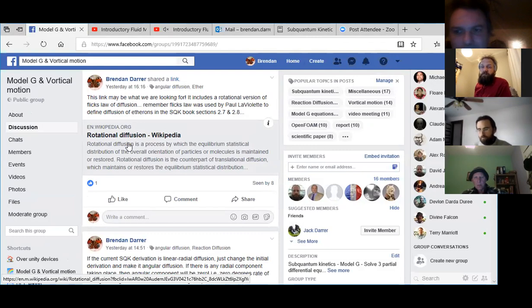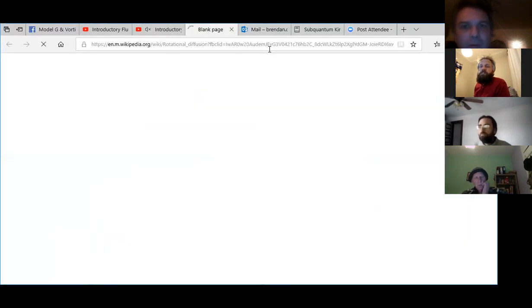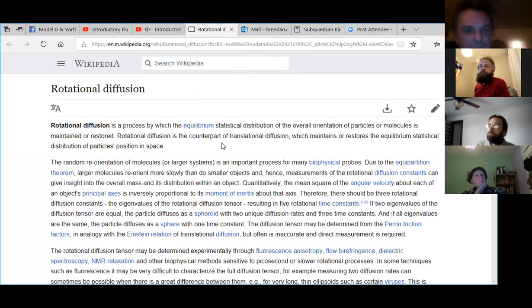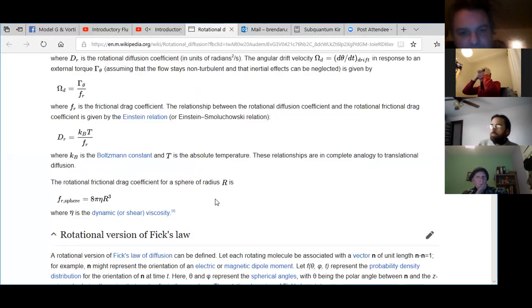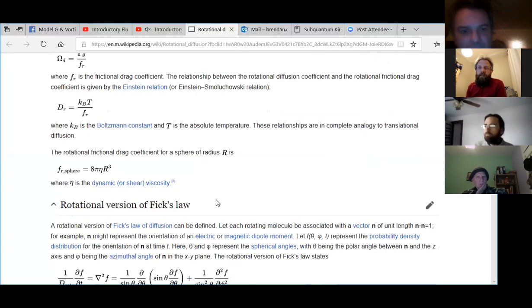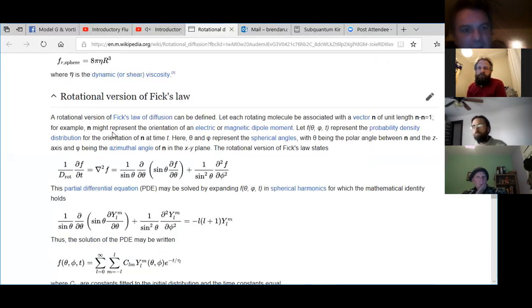Can you see that? Yes. So remember, Paul used Fick's law to define diffusive flux, which later went into model G. Here you've got a rotational version of Fick's law.